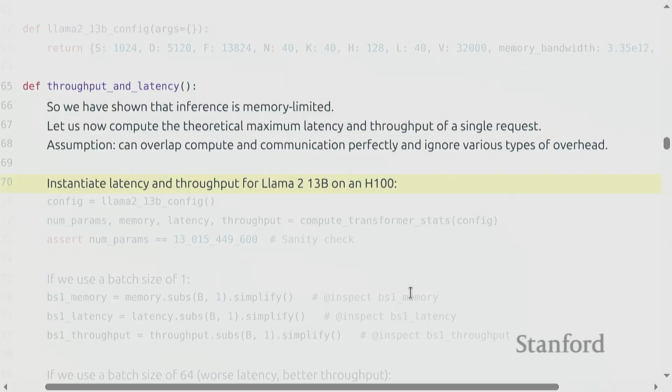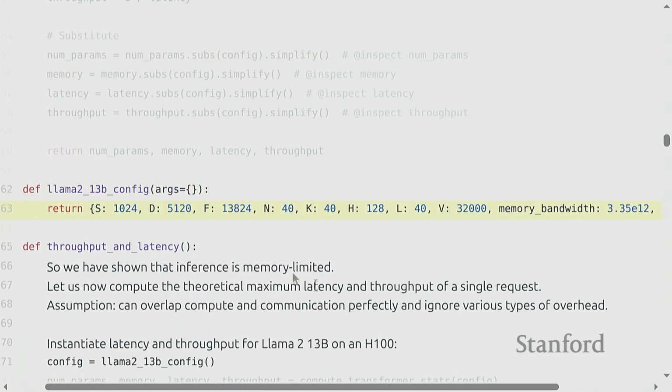So what we're going to do is instantiate the latency and throughput for a Llama 2 13B on H100. For a 13B, here are the values. Let's put the sequence length to be 1,000, the model dimension to be 5,000, and F is some multiple of that, then the number of query heads, and the number of key value heads, which for Llama 2 is the same.